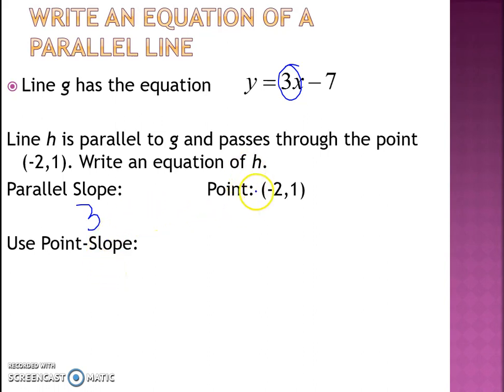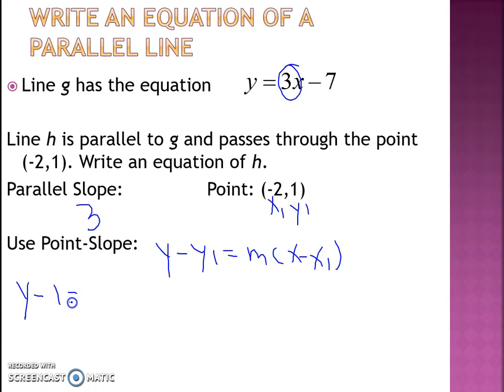And then we're going to use x1, y1, and we're going to use point-slope form. So the point-slope form is y minus y1 equals m times x minus x1. So you're going to plug in negative 2 and 1 here, and 3 in here. So y minus 1 equals 3 times x minus negative 2.